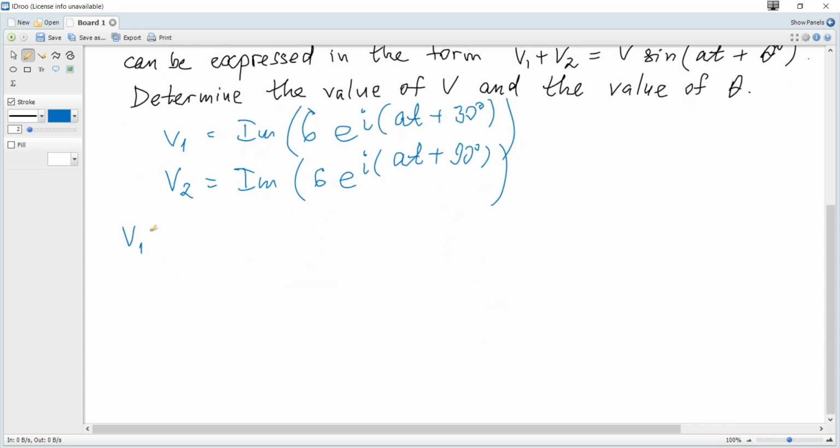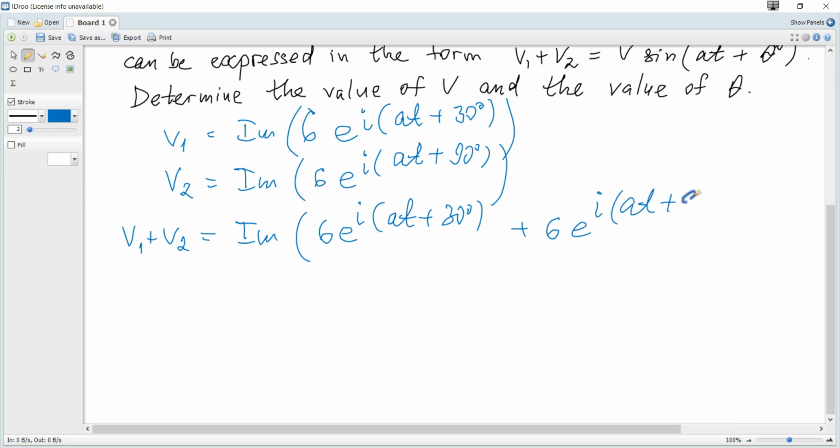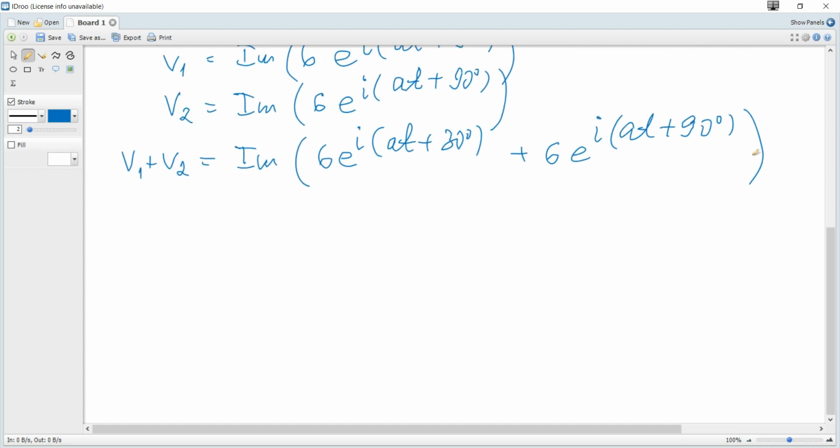And hence V1 plus V2 becomes the imaginary part of the sum 6e to the power of i(80 plus 30 degrees) plus 6e to the power of i(80 plus 90 degrees). We can use a calculator to add complex numbers, but the problem is that we cannot add two complex numbers if a letter, some parameter, is present.